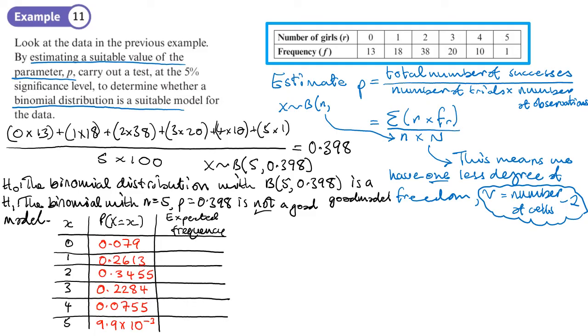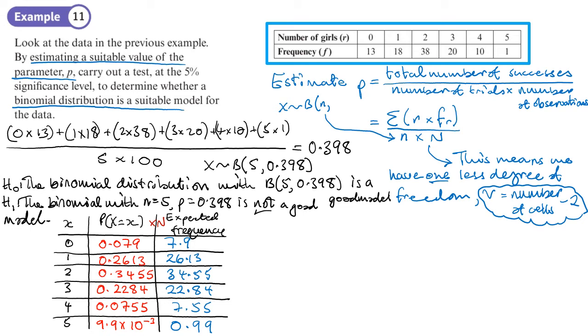So those are my expected probabilities. Now I know that I need to multiply that by the number of observations, so I'm going to be timesing those by n to get the expected frequencies. Again, I will pause that and put the answers in. So here's my expected frequencies.